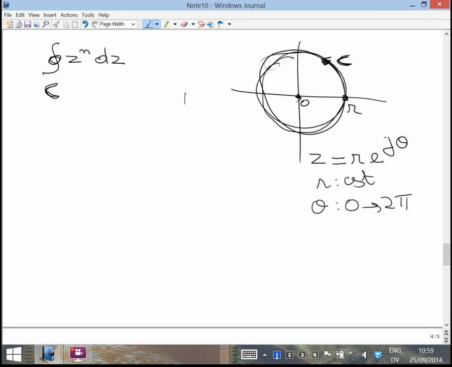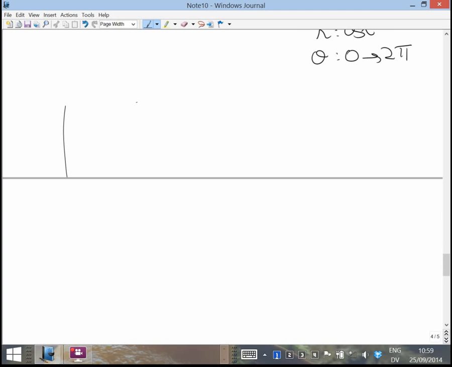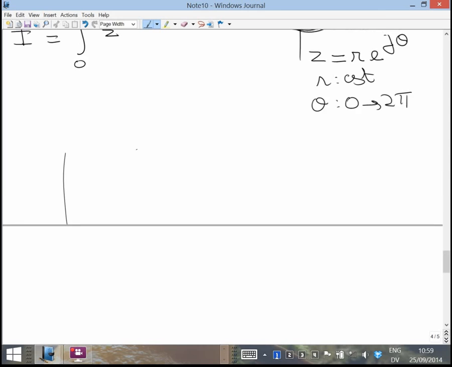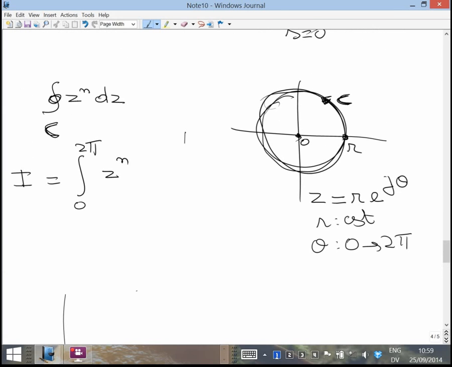So based on this parameterization, we can go to a regular boring integral, if you want. An integral of theta running from 0 to 2 pi of z to the power of n dz.